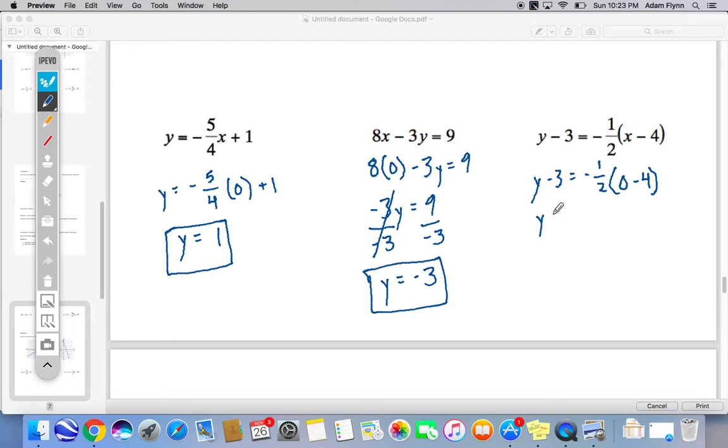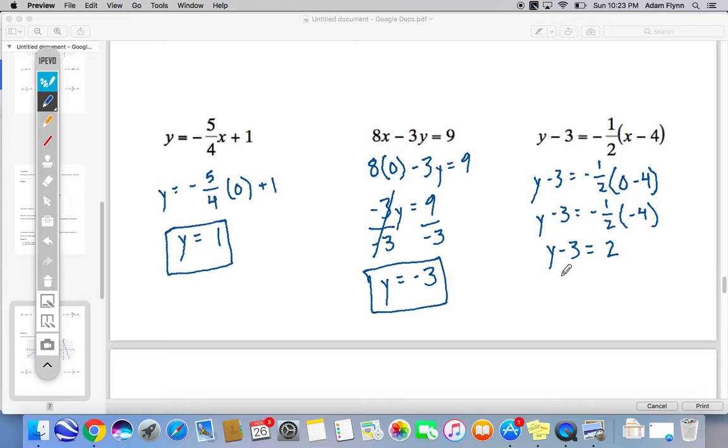So if I rewrite this, I have y minus 3 equals -1/2. 0 minus 4, I know is just -4. So I'll keep simplifying. I have y minus 3 on this side. -1/2 times -4 is +2.